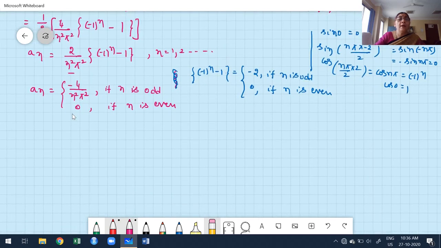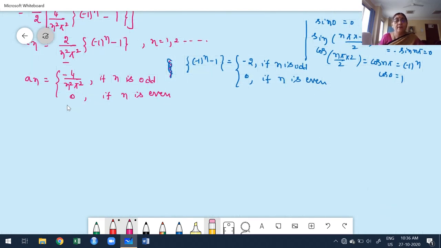In the next step, as usual, I have to find the b_n value. My b_n is 1 by 2 times the integral, applying the limits.